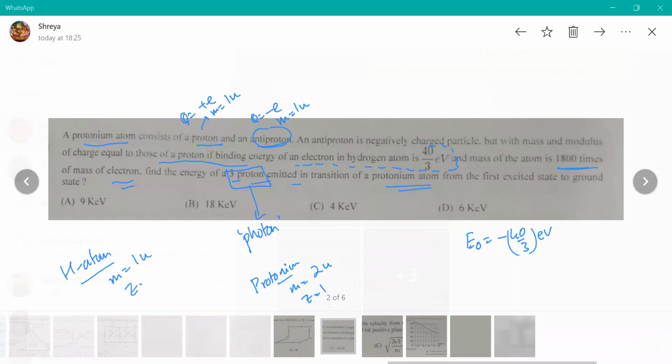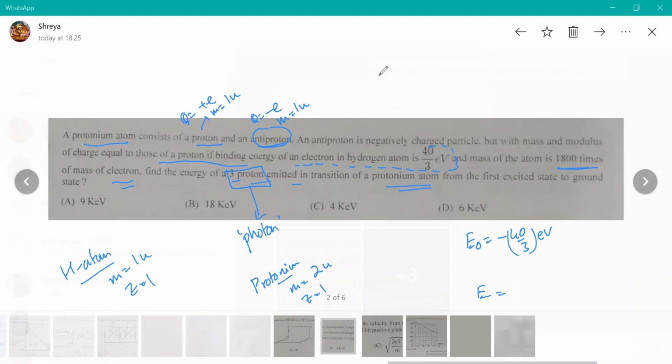This also has Z equal to 1. So what we have to remember is the relation of energy with respect to these two things, how it is affected by the mass of the nucleus. You have to understand that, and how it is affected by the charge of the nucleus.